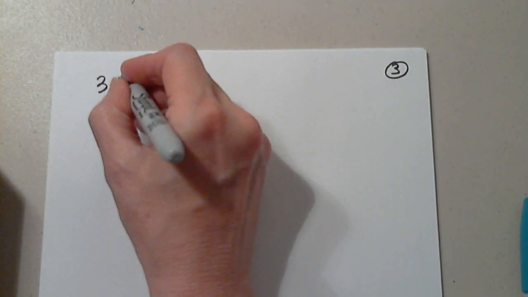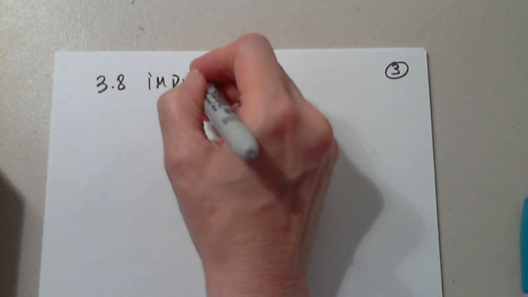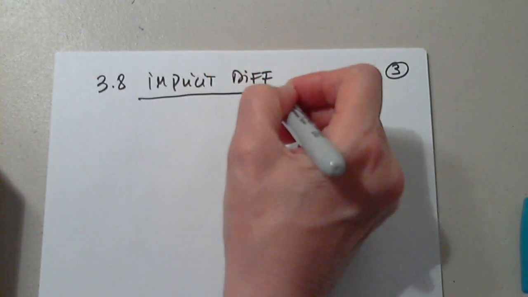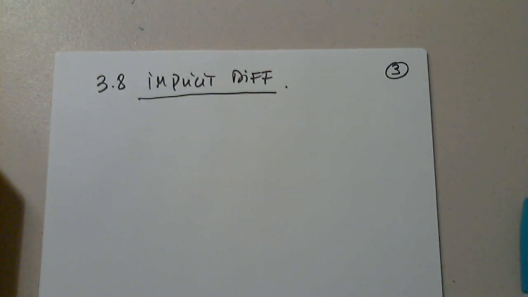Okay, let's move on back to implicit differentiation. So back to 3.8. And I am going to go directly to, where's my book? I did not open the book. Where is my book? Right here.